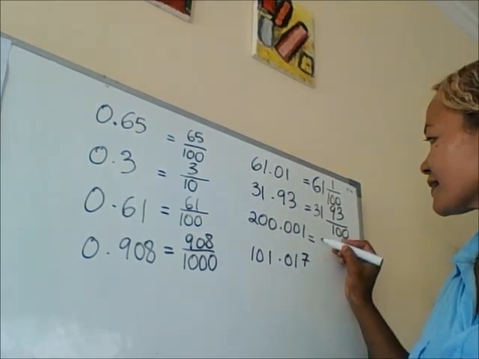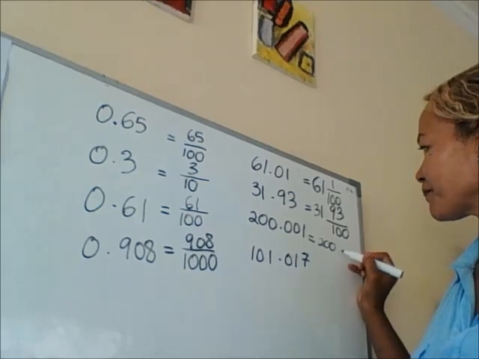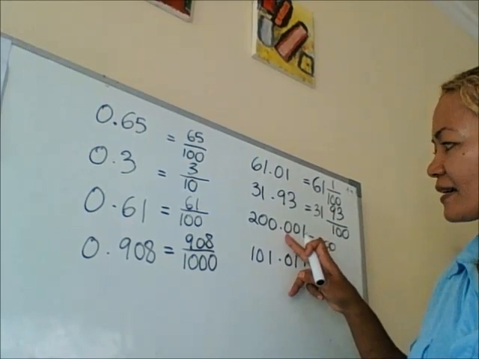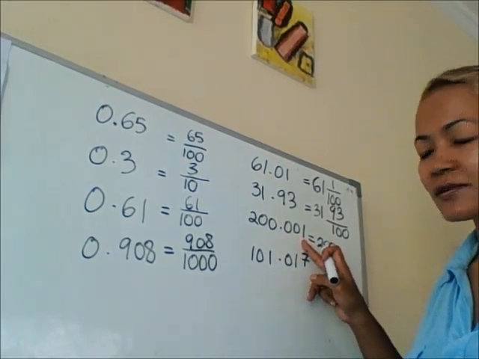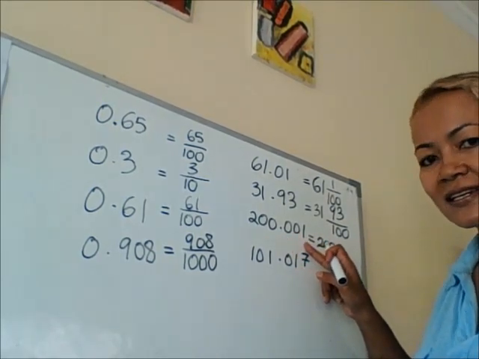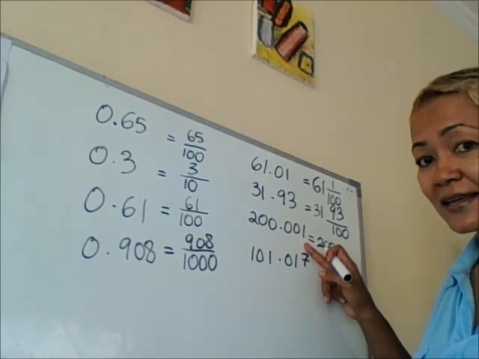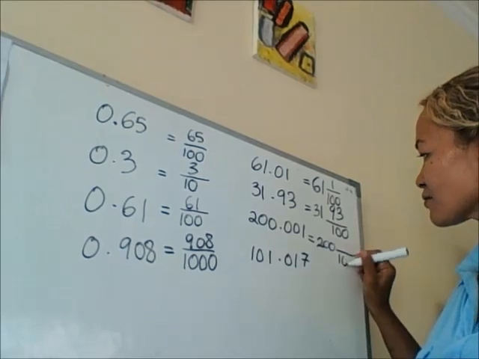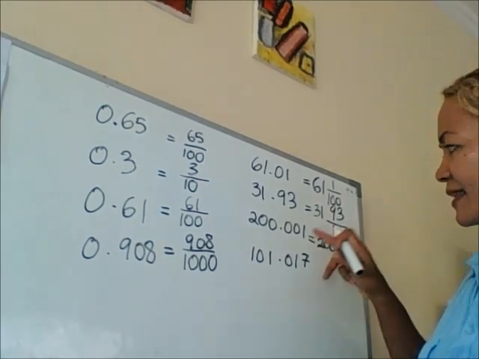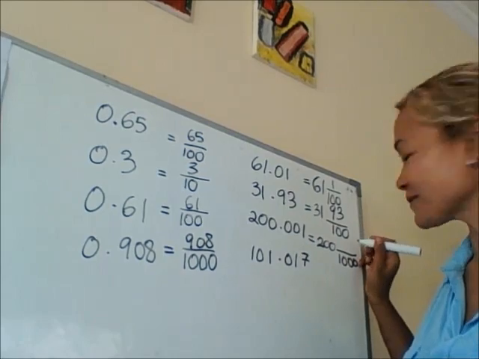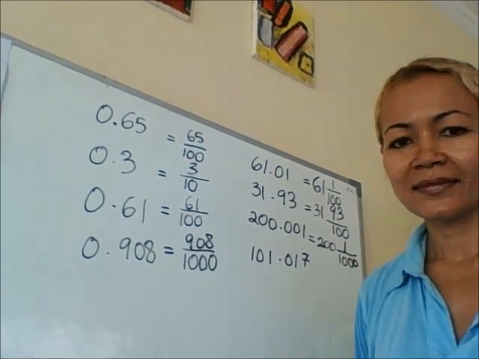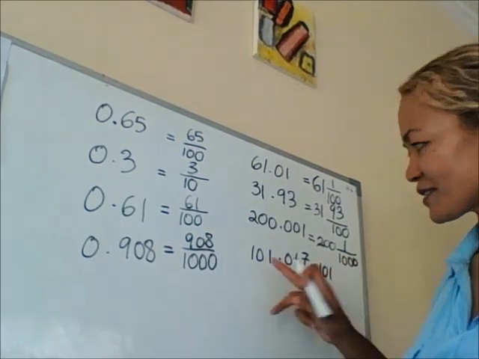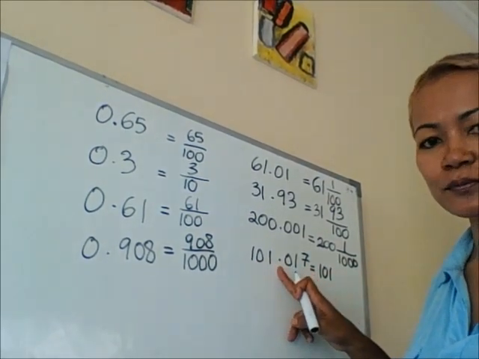Okay, this one, 200. 1, 2, 3 columns. 1,000ths. Just 1 out of 1,000. 3 columns, so the denominator will have 3 zeros. And that 1 slides onto the top. And then the last one. 101, which is the whole number, that's before the decimal point.